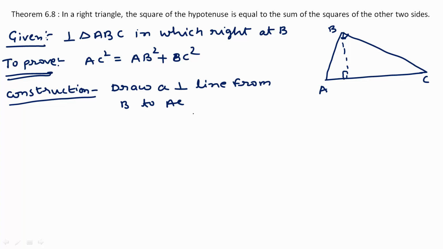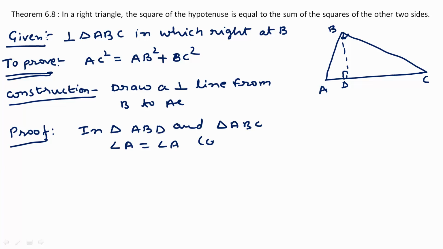So in triangle ABD and triangle ABC, this is your point D. Angle A is equal to angle A. This is your common angle for both triangles. Number two, angle ADB is equal to angle ABC, from which property? Each 90 degrees.